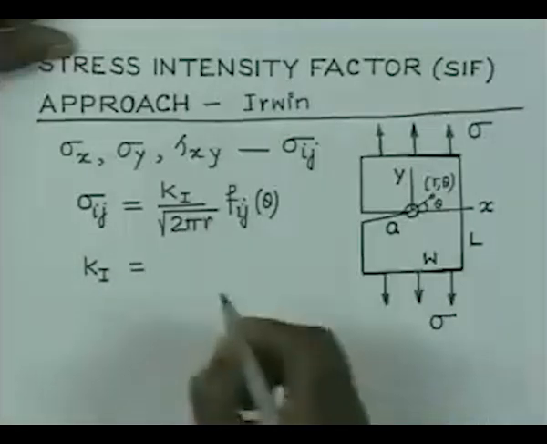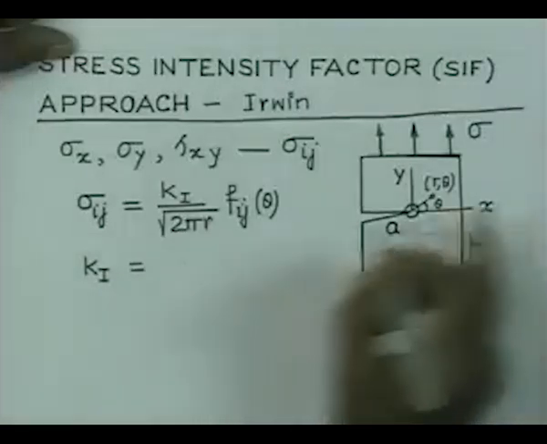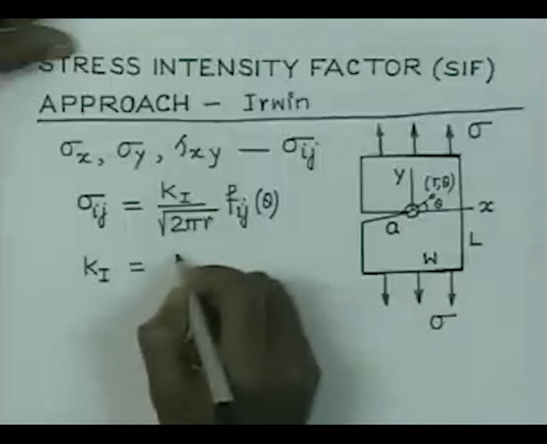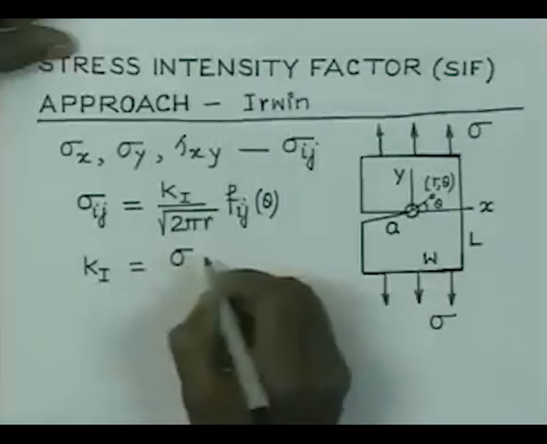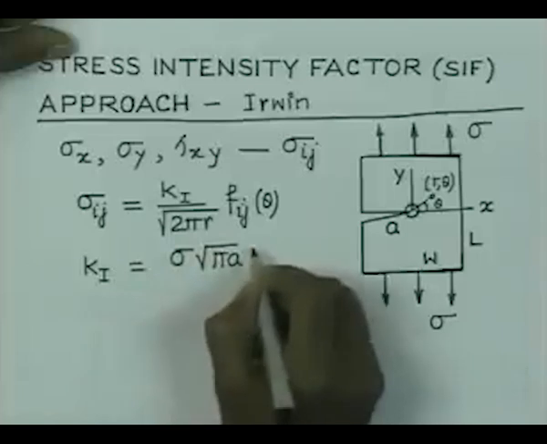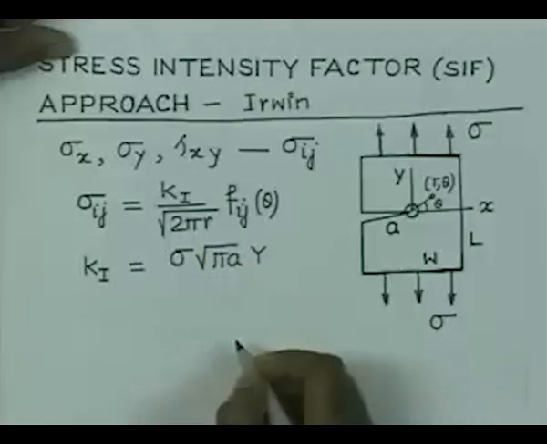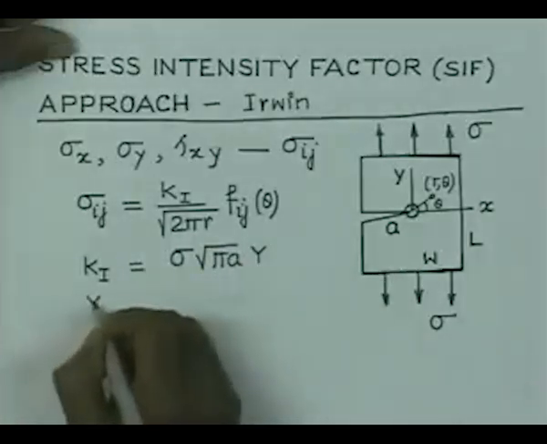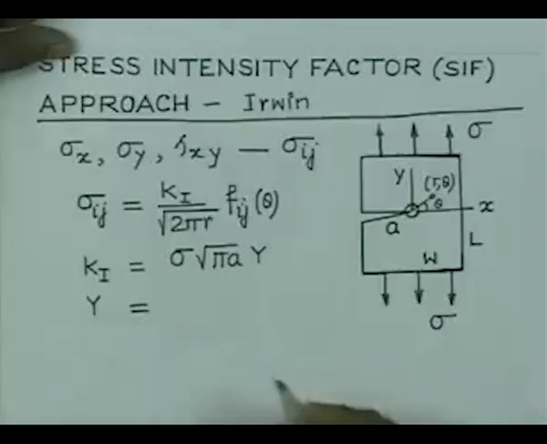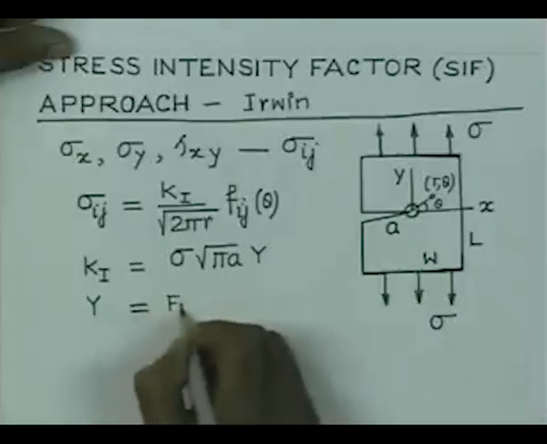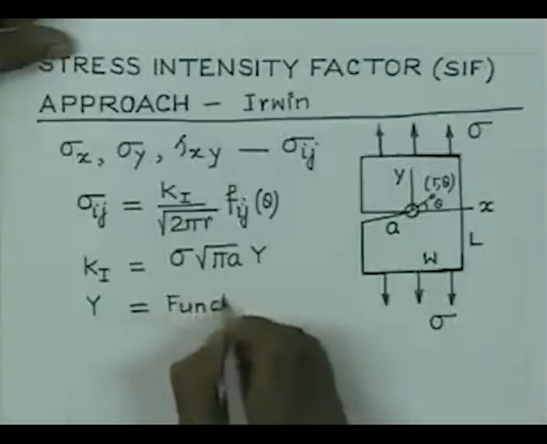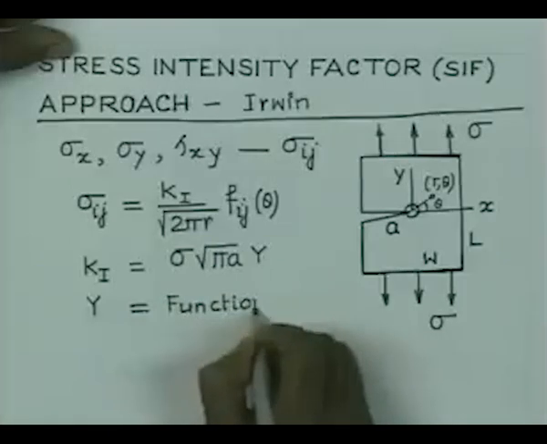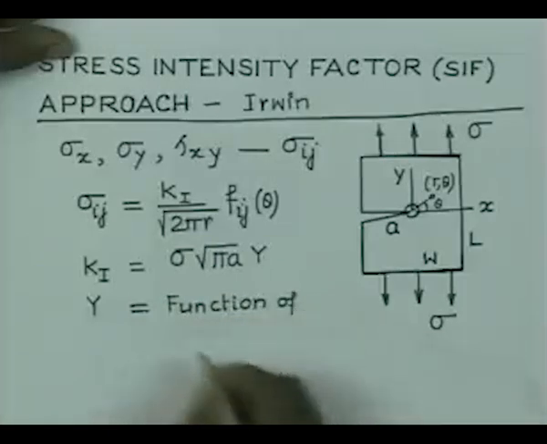Particularly for this type of situation it was given in this form: sigma into root pi a multiplied by a constant Y, where this constant Y is a function of the geometry of the body.